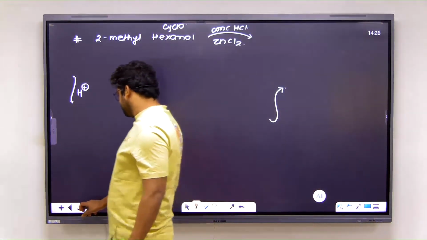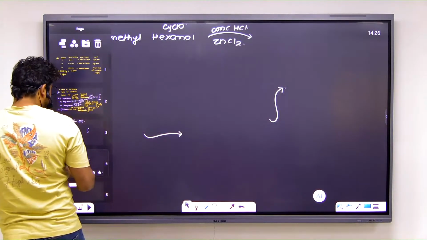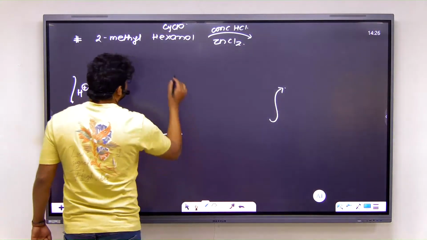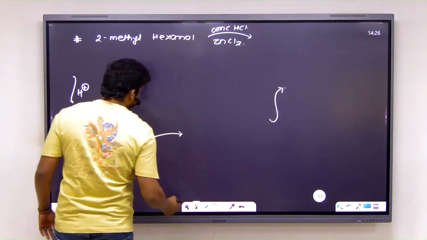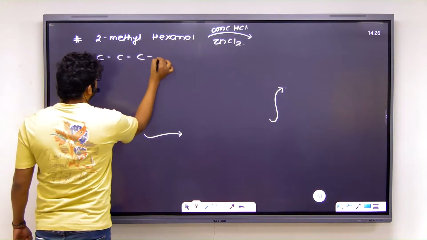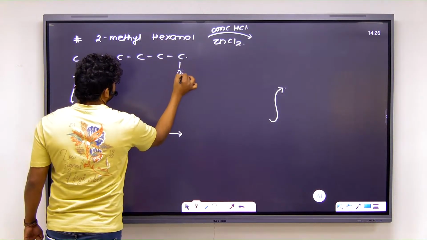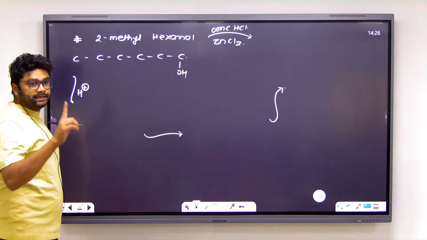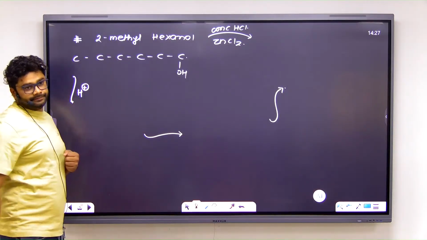Let's solve this example first. There is a cyclohexanol, 2-methyl, with carbons 1 2 3 4 5 6. Hexanol means OH is present at the first carbon.